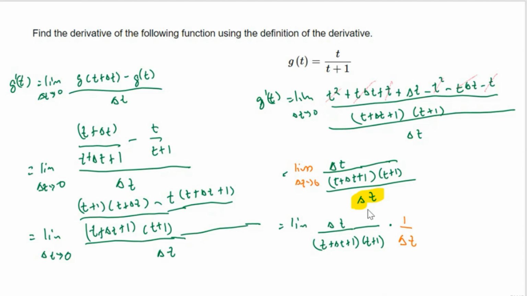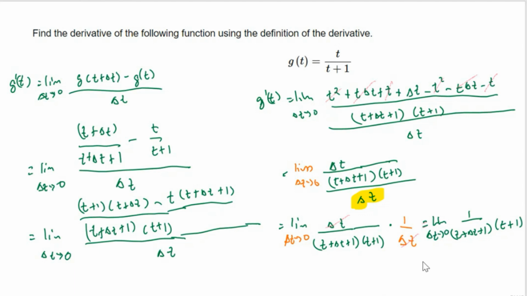Then if you're going to take the reciprocal, it will give us now the reciprocal of 1 over delta t. So this is now as delta t approaches 0. So we can cancel 1 of the delta t in the numerator against the delta t in the denominator. So the remaining answer here now is equal to the limit of 1 over (t plus delta t plus 1) times (t plus 1) as delta t approaches 0.